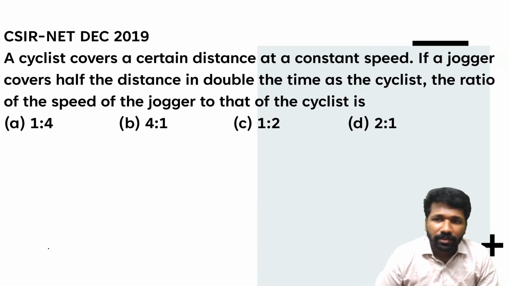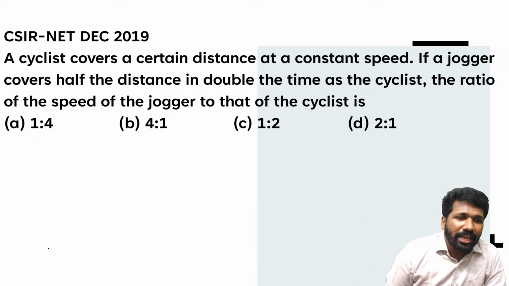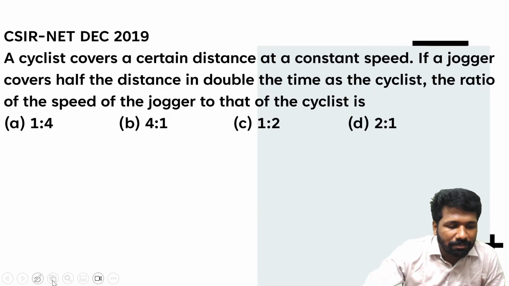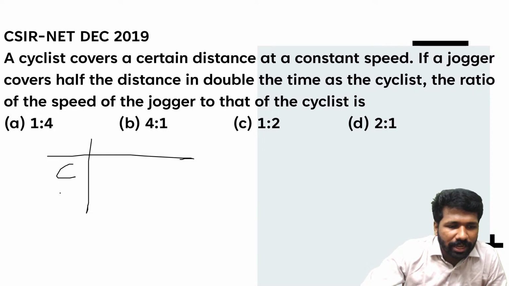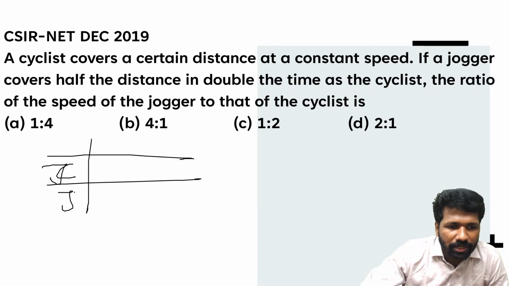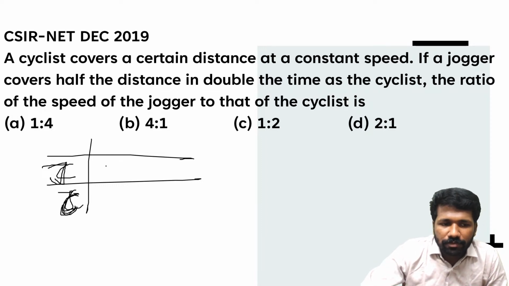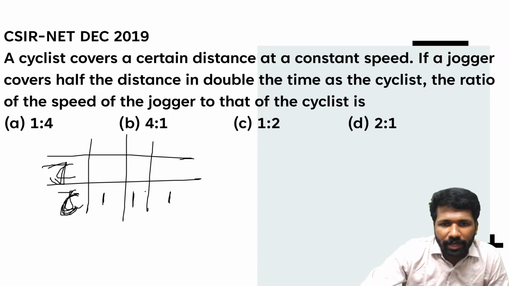Please respond. Otherwise another way is the taking example method. I told you the taking example method is very useful. Taking example method, you can do cyclist and jogger, these are the two things. Or jogger first you can write, and cyclist. In the case of jogger and cyclist, if one is the distance, one is the time, then the speed is also 1 by 1, 1.